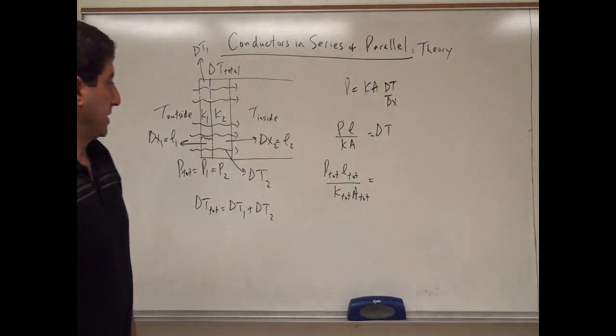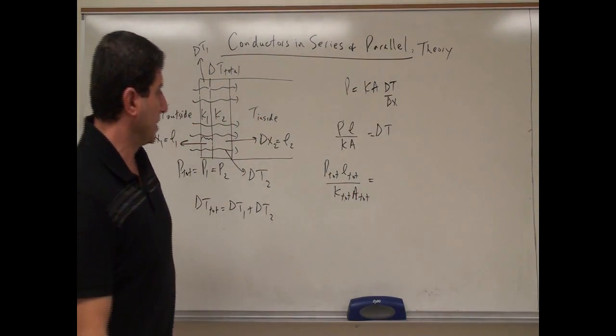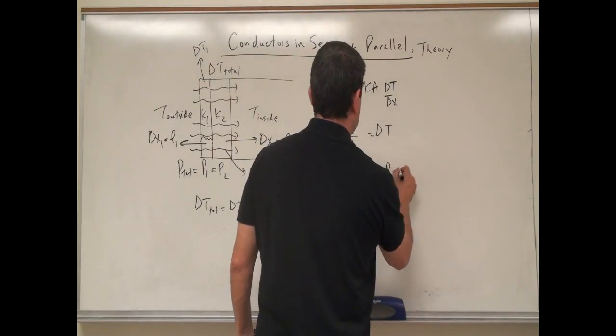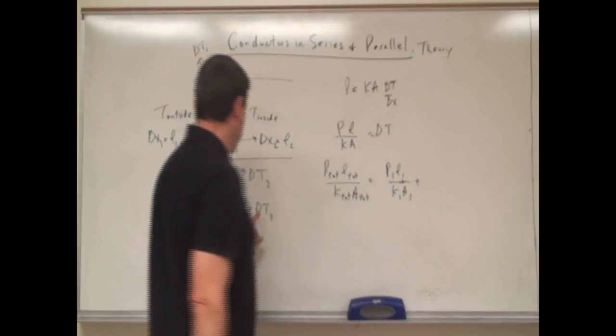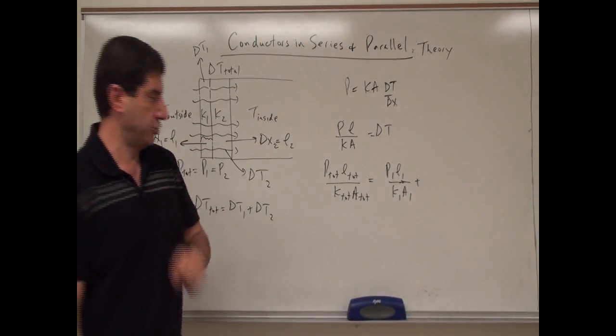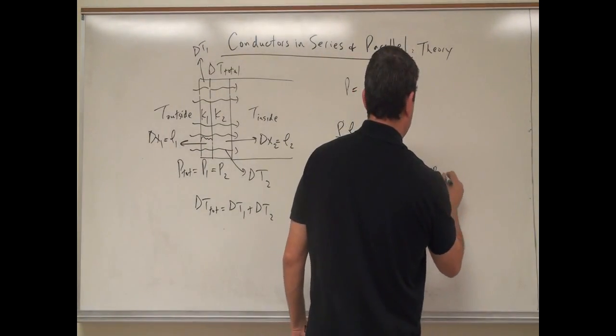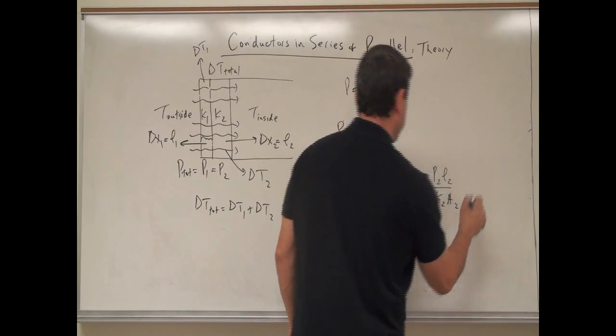Then delta T1 is equal to P1 L1 over K1 A1. And delta T2 is equal to P2 L2 over K2 A2.